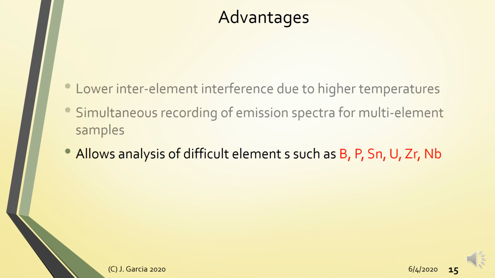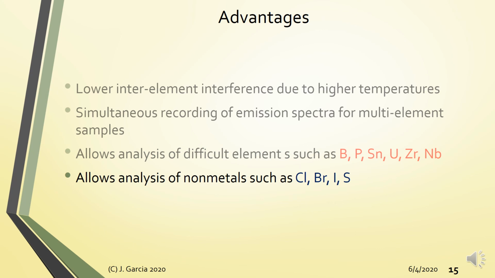It also allows you to analyze elements which are usually impossible or difficult for AAS, such as boron, phosphorus, tin, uranium, zirconium, niobium. Another unique feature is that you can also directly analyze non-metals, such as chlorine, bromine, iodine, and sulfur, which are otherwise not possible with AAS, the direct analysis of non-metals.